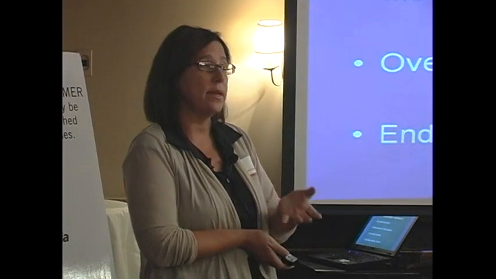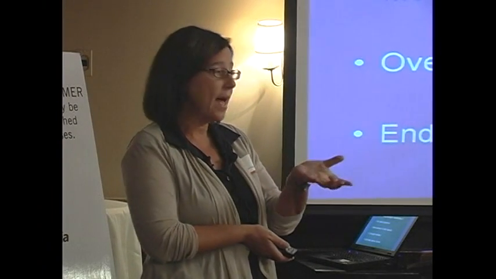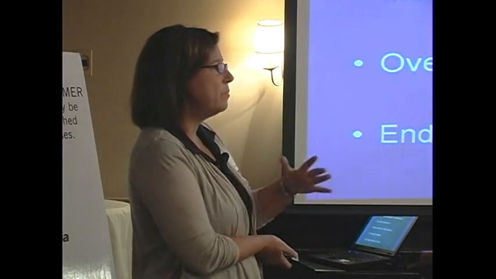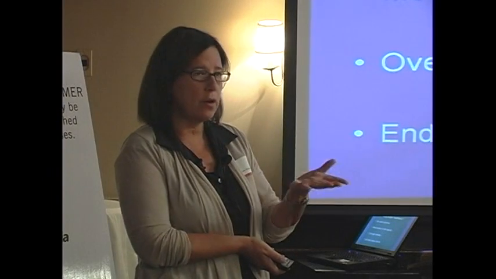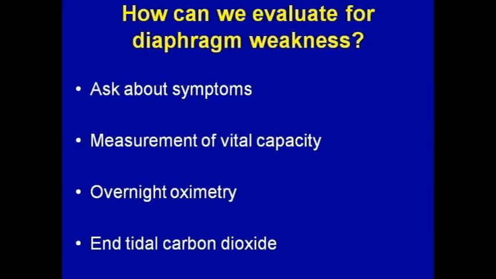We do that test where you take a deep breath in, blow into the machine, and what we're looking at is the vital capacity, because that can be a good screening tool. It's not an all-or-none test, but it's a reasonable screening tool for the strength of the diaphragm. The thing about that test, though, is if you think about when you do it, you take a deep breath in.